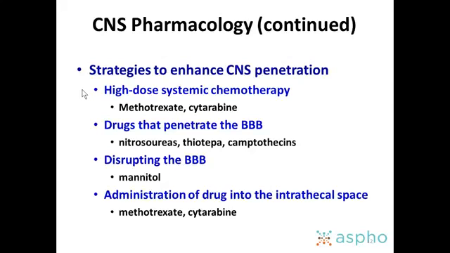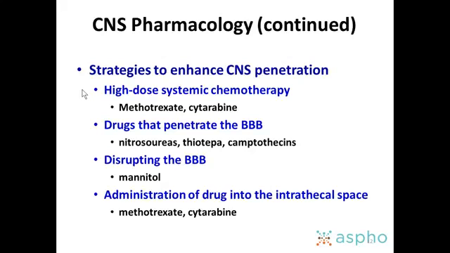As many of you know, infant leukemia has a very high incidence of CNS disease, and a couple of decades ago, they used to use 33.5 grams of high-dose methotrexate to give these infants, in an attempt that it would penetrate into the central nervous system and cure them of their CNS leukemia.